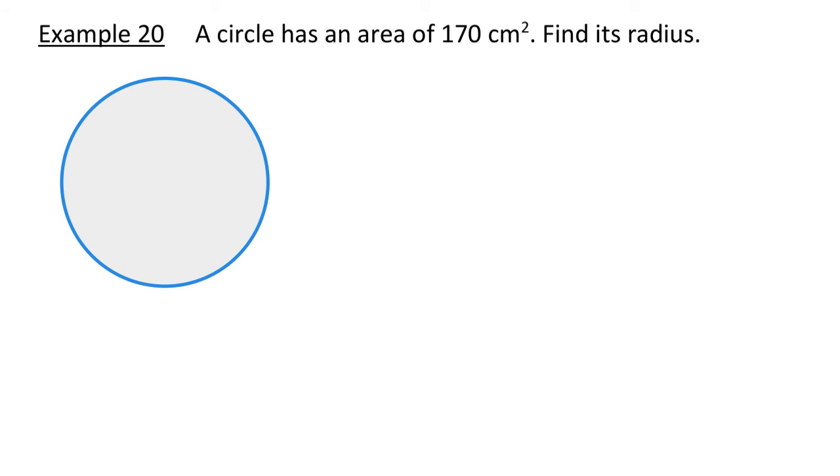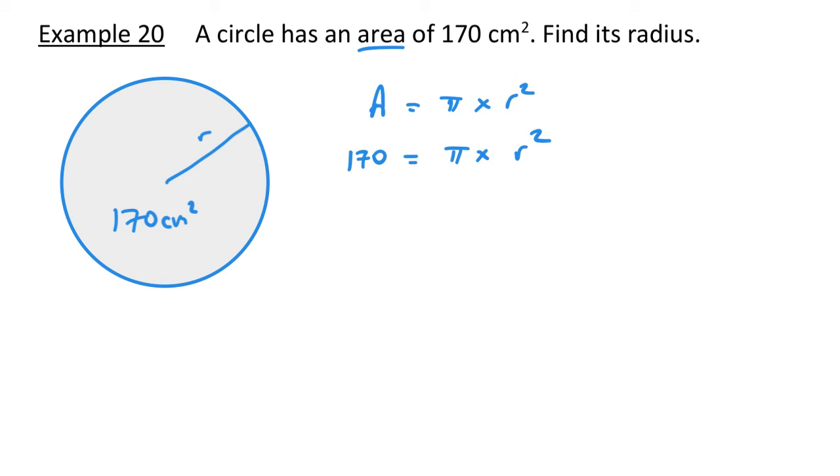So we have a circle with an area of 170. And we're trying to find the radius. So we've got area. So area is pi times r squared. Fill in the information. We've got 170 equals pi times r squared.